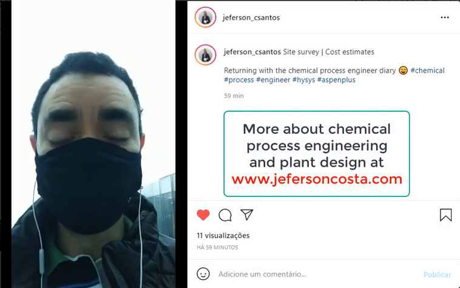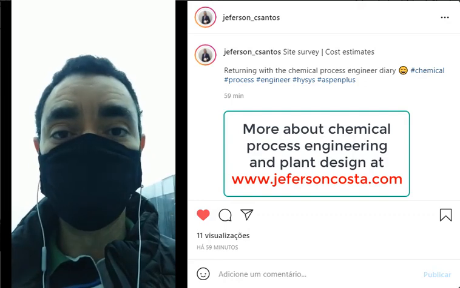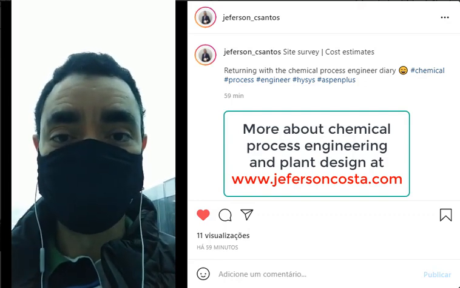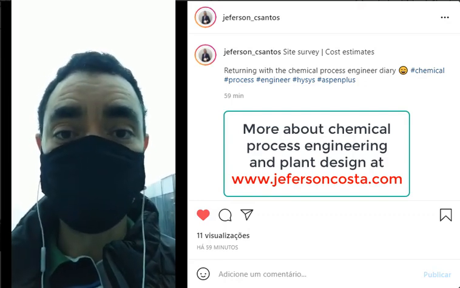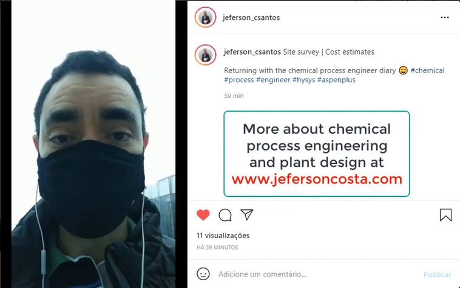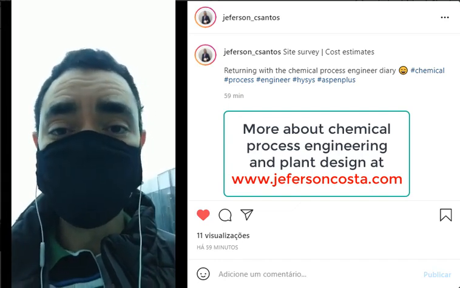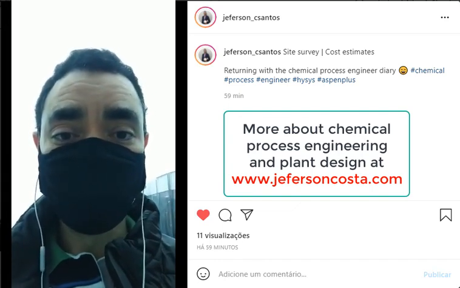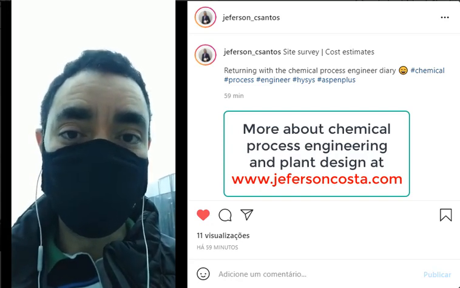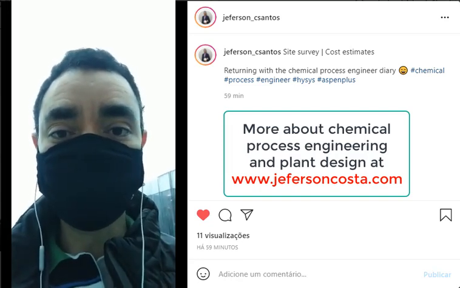Any plant design will be built only if the economics make the board happy with that. So that's why we need to do cost estimating. And there are many degrees of cost estimating.